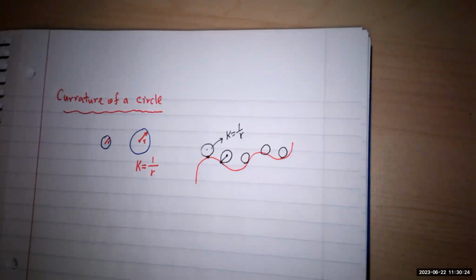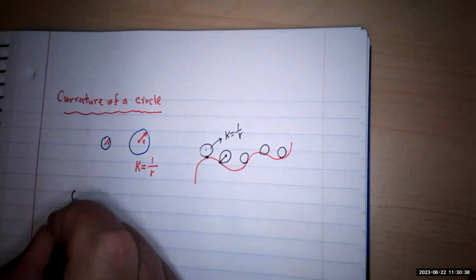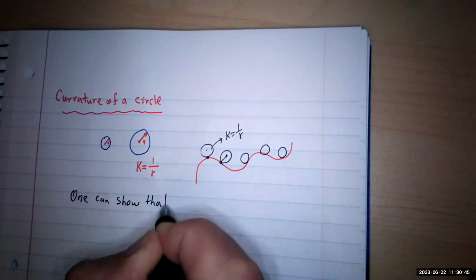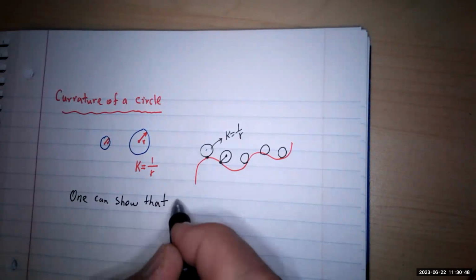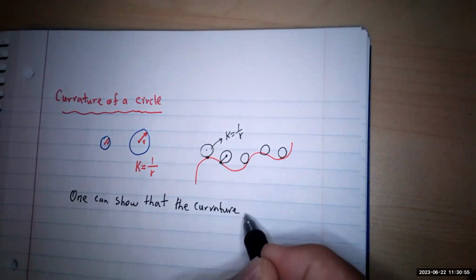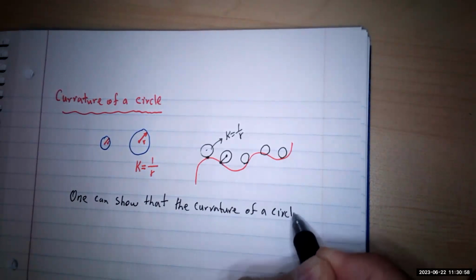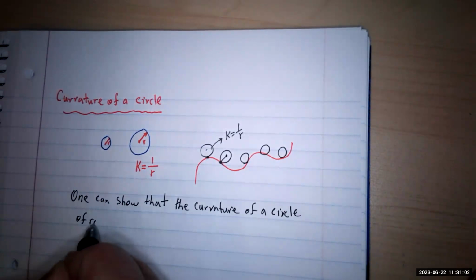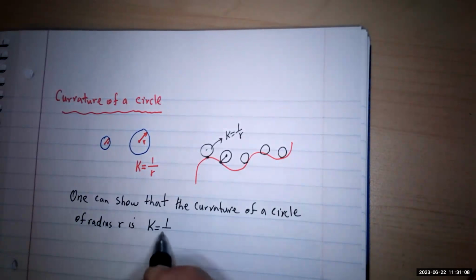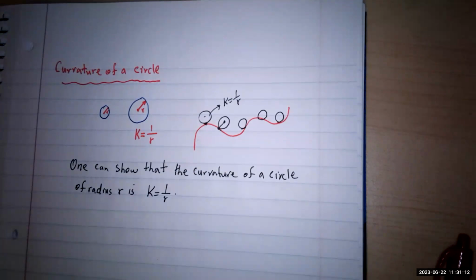So let's give you a theorem, or let's say we want to show that one can show that the curvature of a circle of radius r is simply 1 over r. It's not that difficult to show.